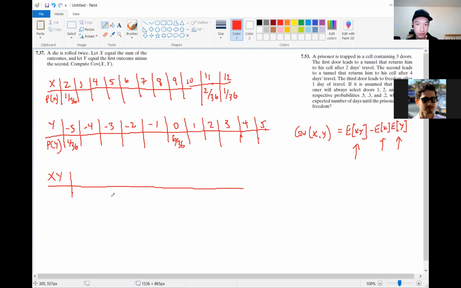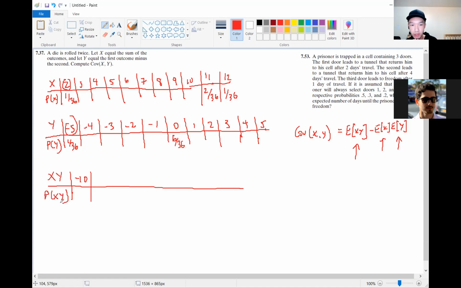So for example, the one value you can get is -10, right? When you do 2 times -5, that would give you -10. And then figuring out the probability for that also requires a lot of thought.